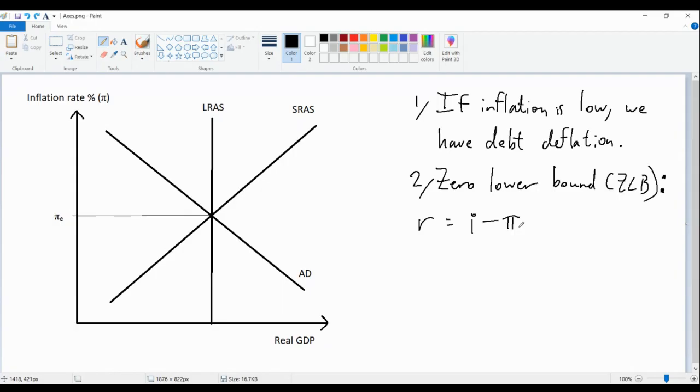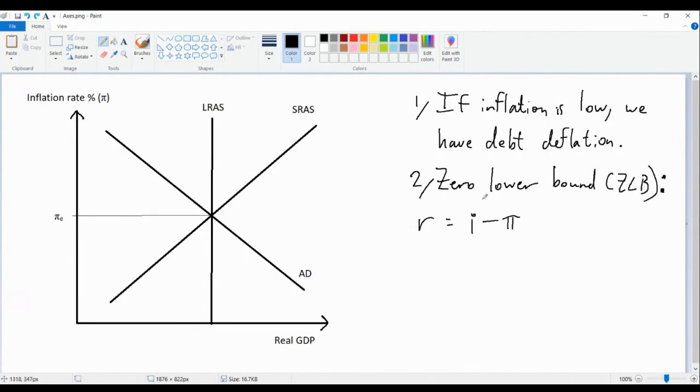The zero lower bound kicks in a slightly different way. So normally, of course, on new debt, not on old debt, if there were, let's say, an increase in inflation, the Fisher effect says the nominal rate would rise and the real rate might not change much. Alternatively, if inflation is low, then the Fisher effect says the nominal rate would adjust on new debt to leave the real rate about the same.